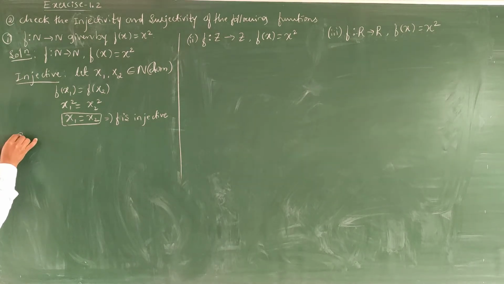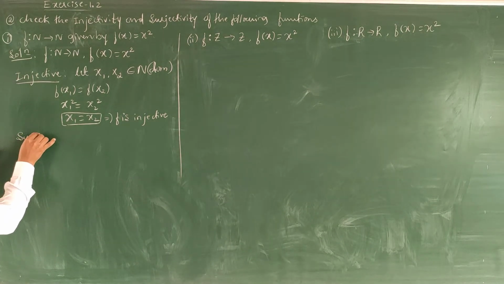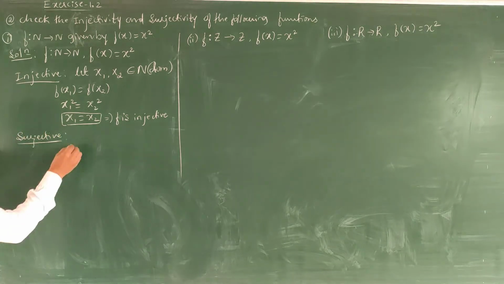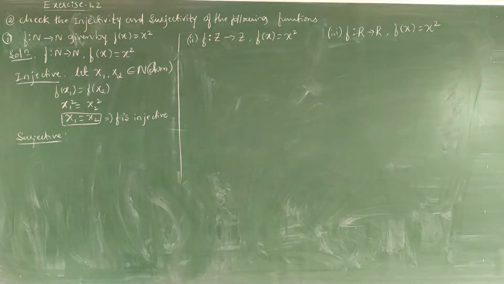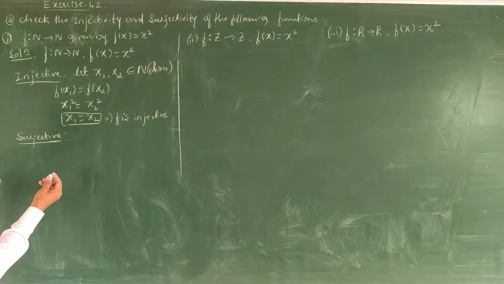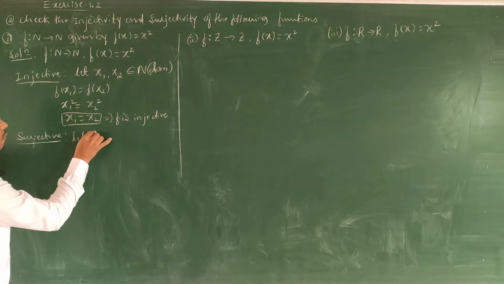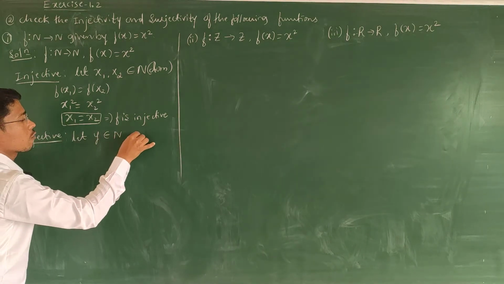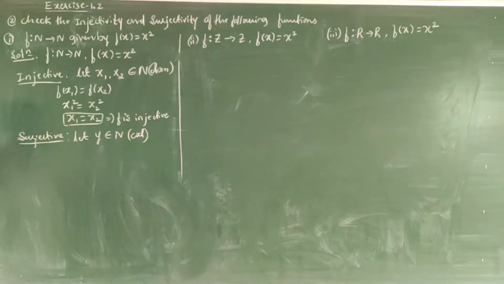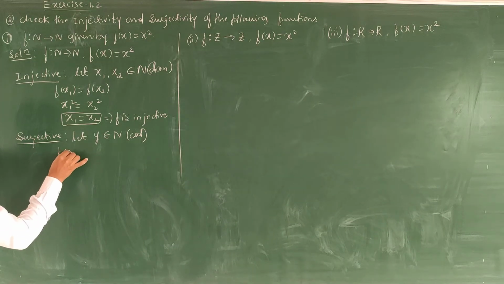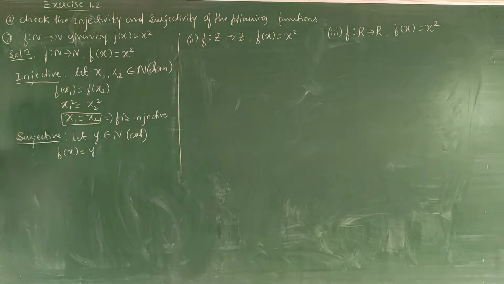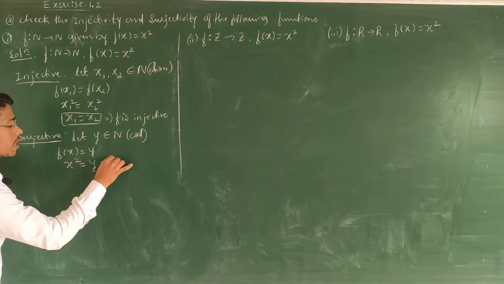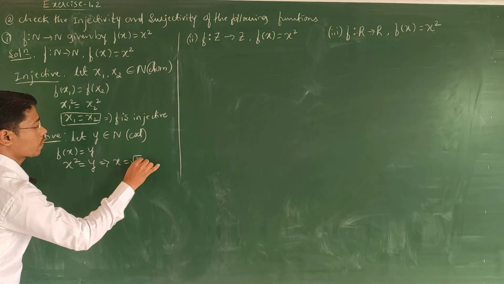Okay, next is surjective. f is surjective. So let y belong to the set of natural numbers, that is the codomain. y belongs to the codomain. f of x equal to y, f of x is x square equal to y. This implies x equal to root y.